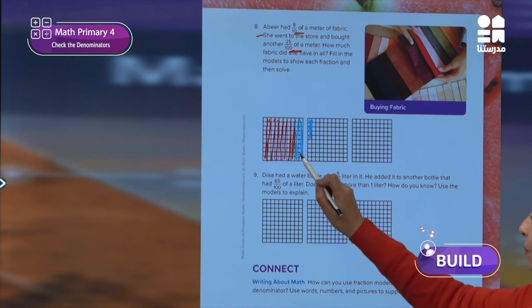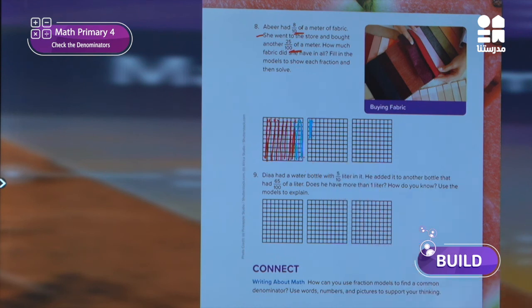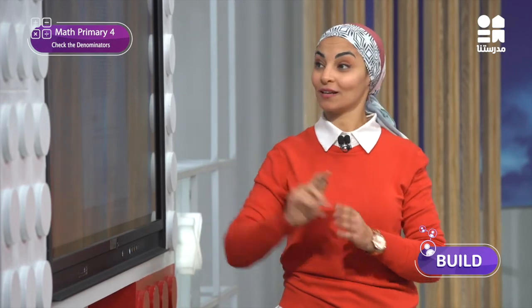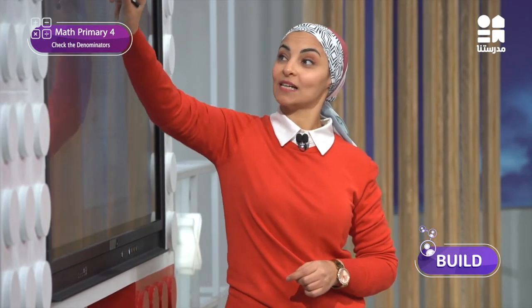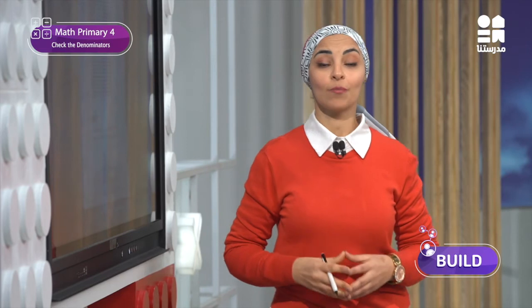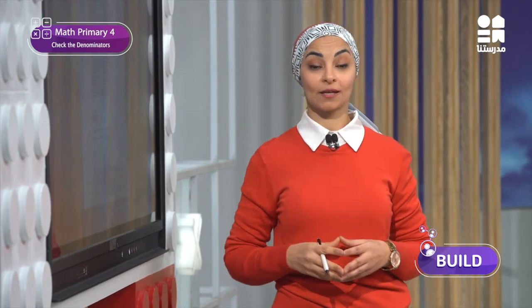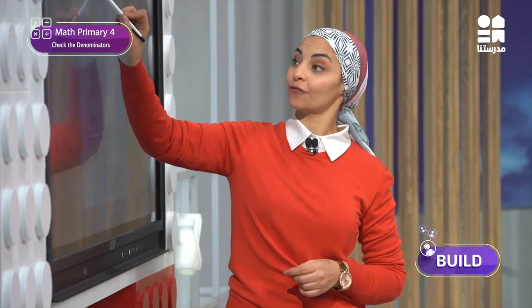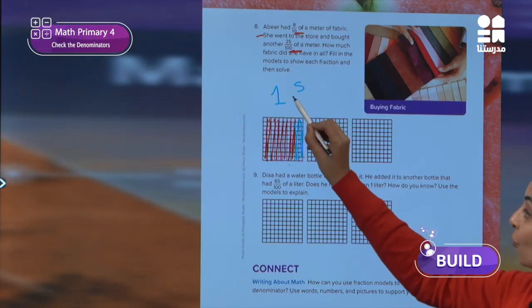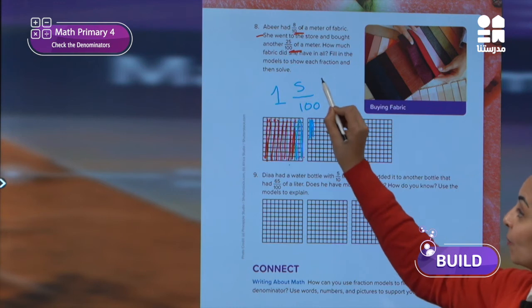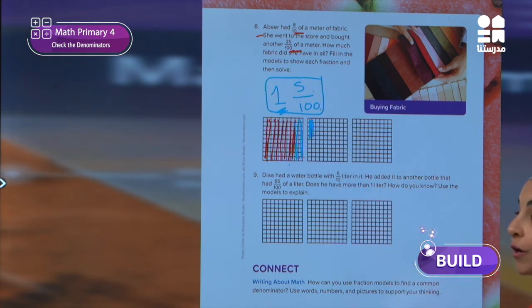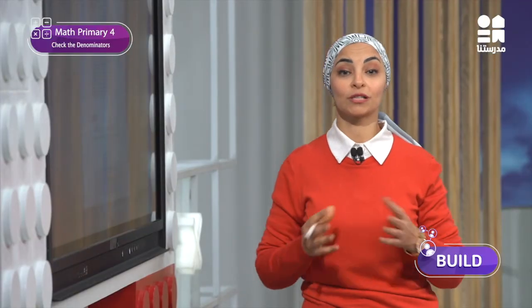So now I represent 25 hundredths, right? Now we have a whole shaded model, this one. So I have one whole. What about the parts I have? The total parts are 5 over 100. So my mixed number is 1 whole and 5 over 100. And this is the total fabric that Abir had.